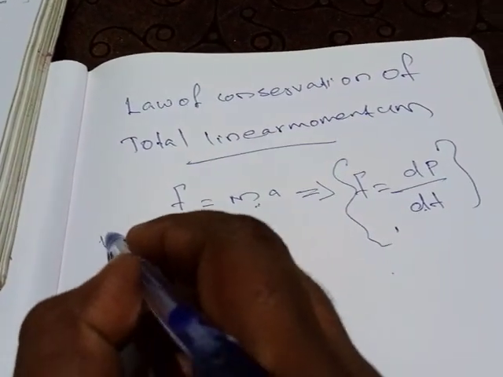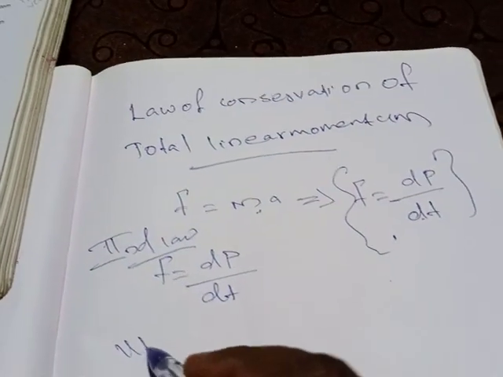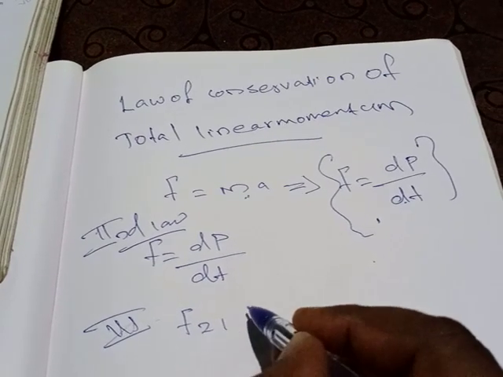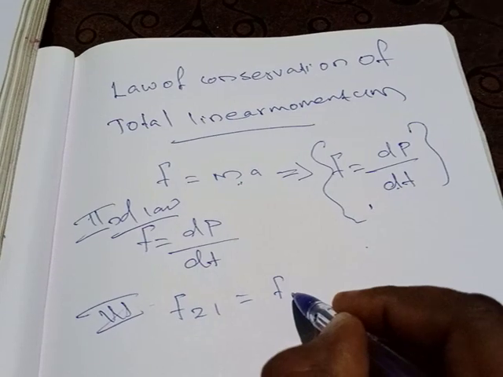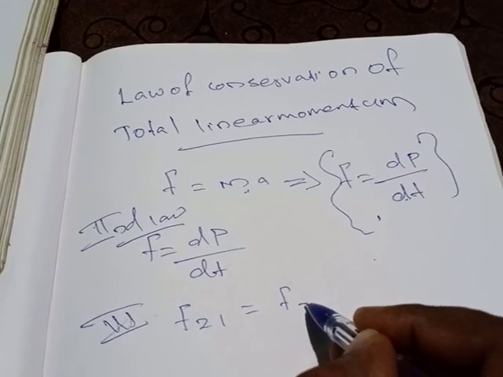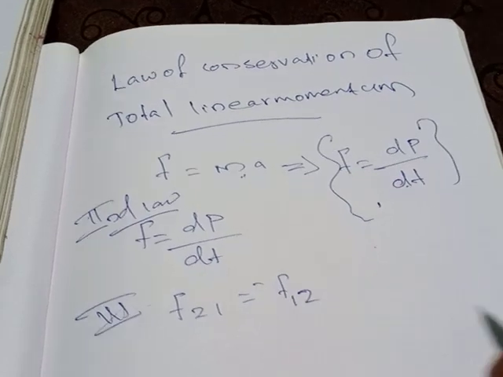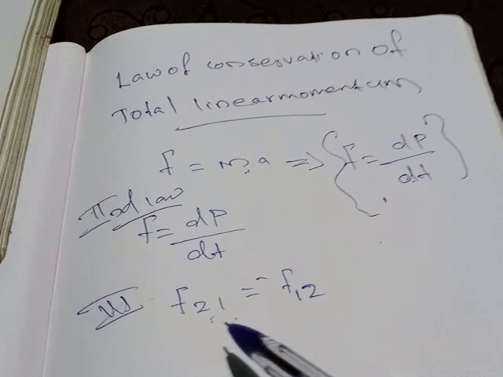We know that for every action there is an equal and opposite reaction. This is Newton's third law, so there is minus F12. For every action there is an equal and opposite reaction.